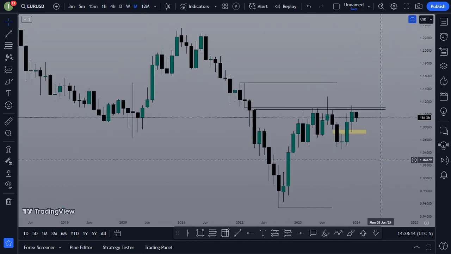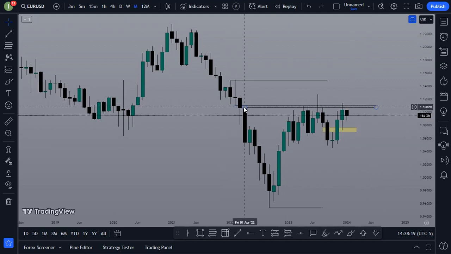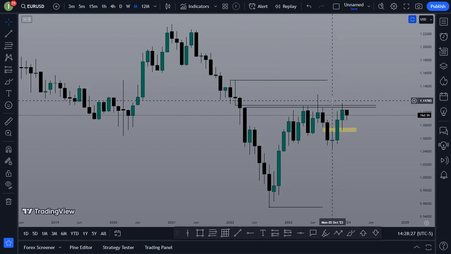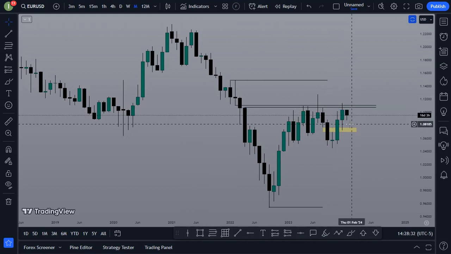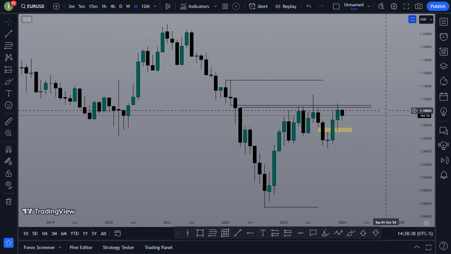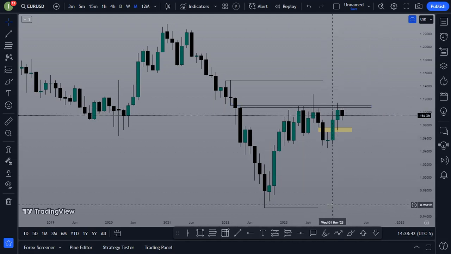From here we still have this fair value gap that price is reacting from, right? We can see it's really failing to close above it. Even last month's candle, December's candle, reacted from it and closed below, right? And we're trying to see what this January candle is doing. We still have some days, of course, for it to close. But if we expect from internal to external, what are we going to get? We expect this low to be taken, right?